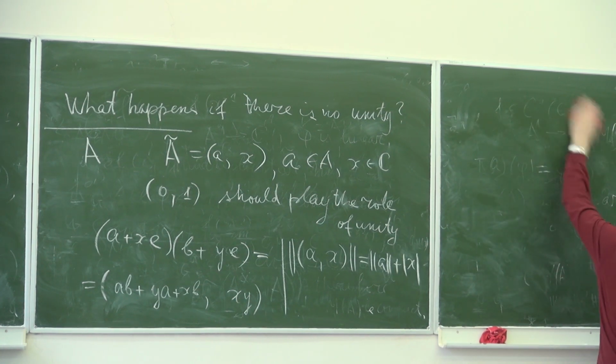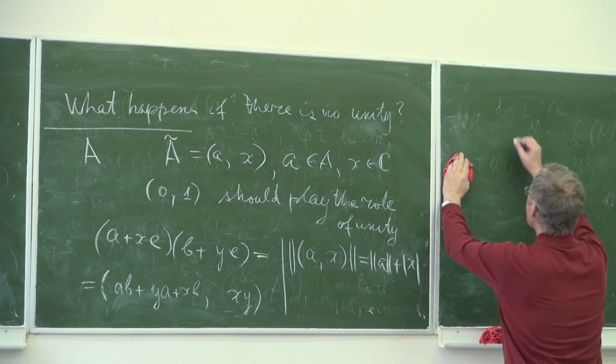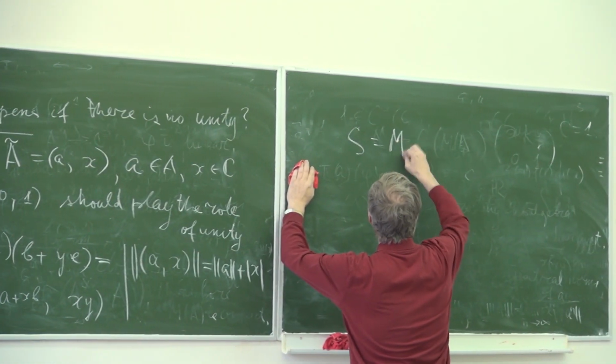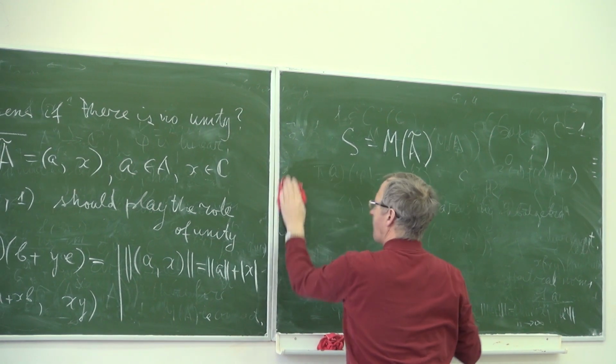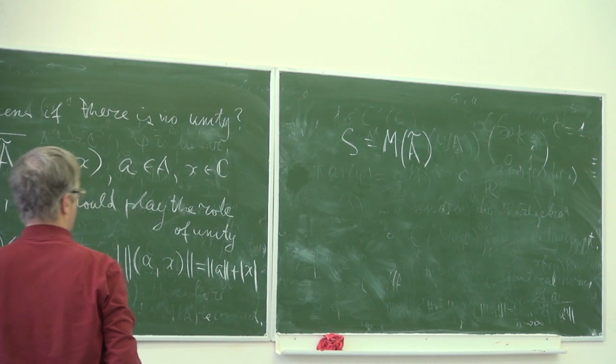And after that we can apply the Gelfand theory to this new algebra. Consider S equal to M of A tilde. This is a compact space.